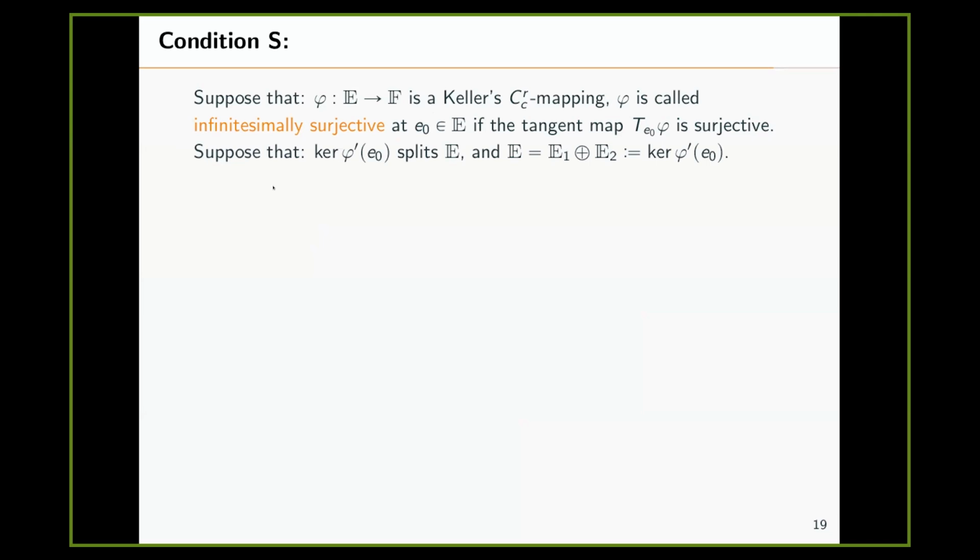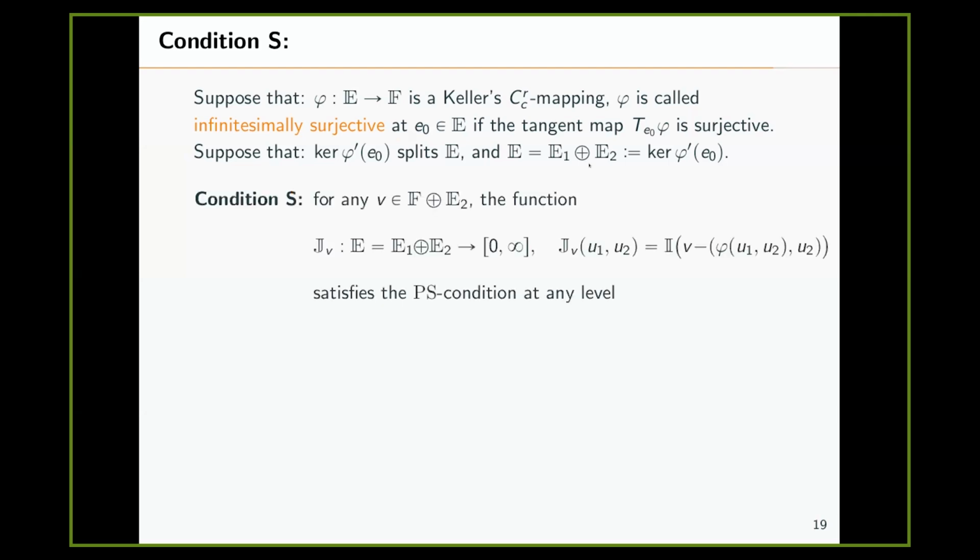And also we suppose that the kernel of the derivative splits the domain. That is, the domain is the composition of these two spaces, one of which is the complement of the kernel of the derivative. Such mappings in the Banach case are known as submersions, but submersions in the Fréchet case are much stronger. That's why we don't call them submersions here.